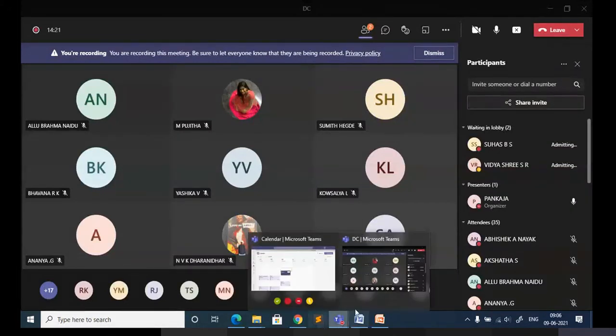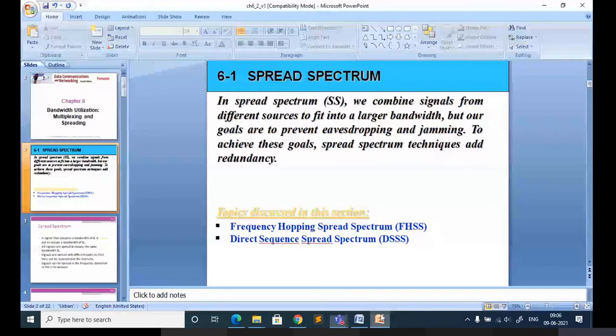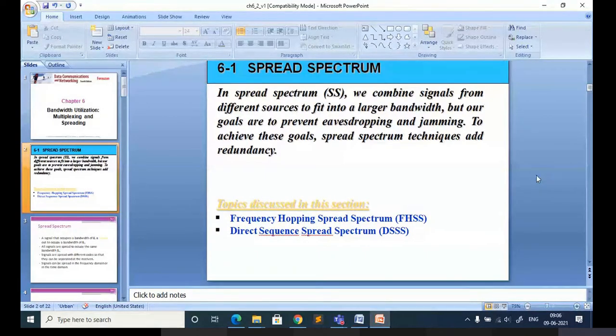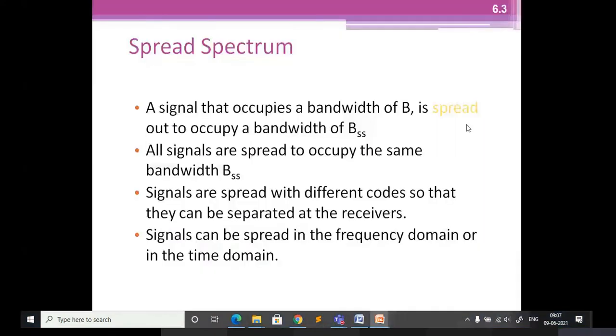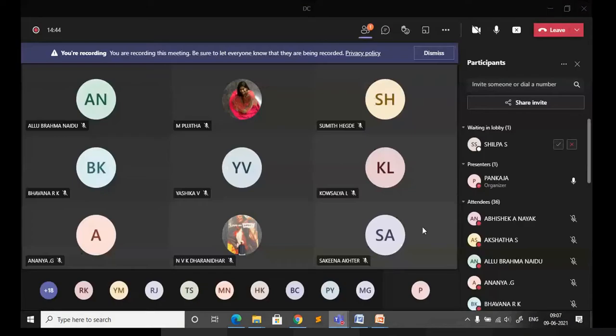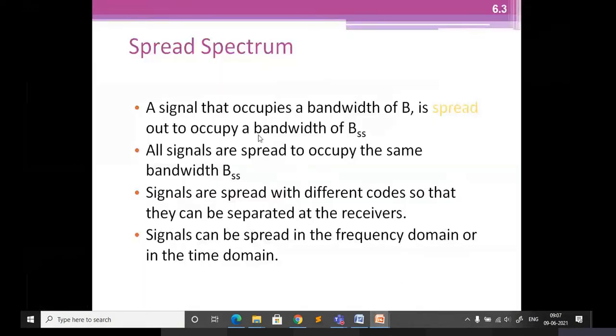Now first let's try to understand what exactly spread spectrum indicates. What is the technique used to increase the utilization of the bandwidth? Spread spectrum indicates a signal that occupies bandwidth B, the signal coming from the source, and it is spread out to occupy bandwidth BSS.